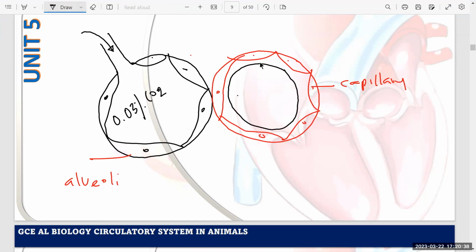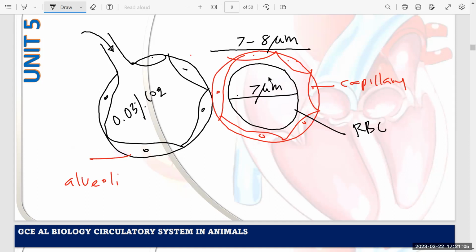Only one cell can pack into the capillary. The capillary diameter is somewhere around 7 to 8 micrometers, and the diameter of a red blood cell is again close to 7 micrometers. So it just fits like this, right?